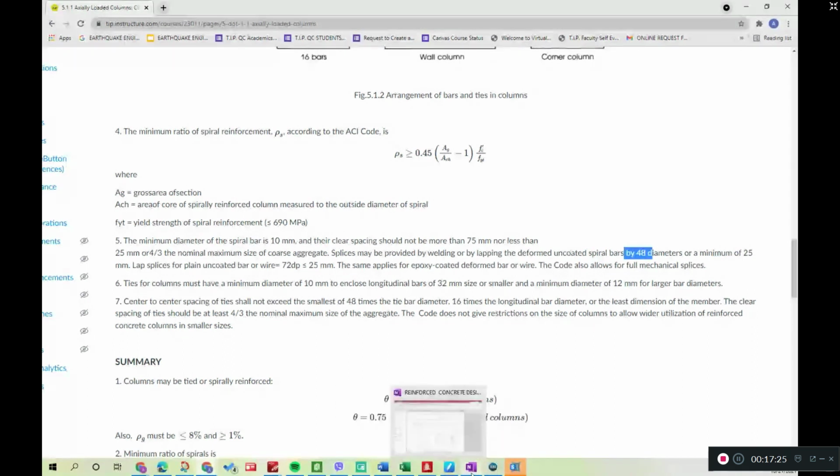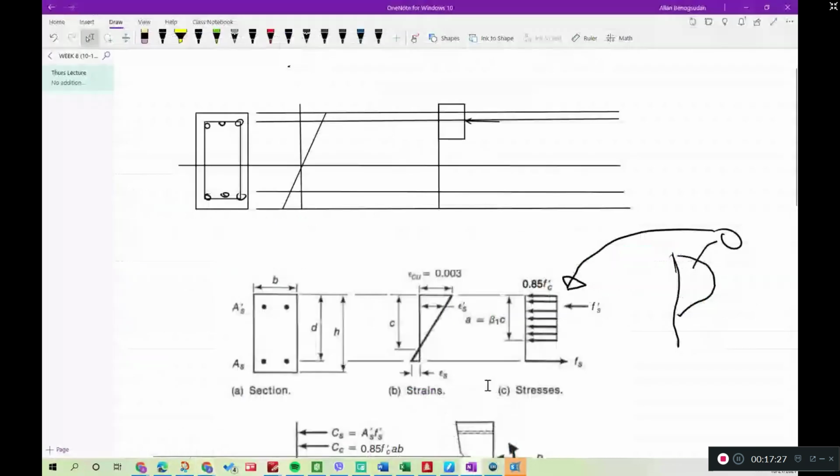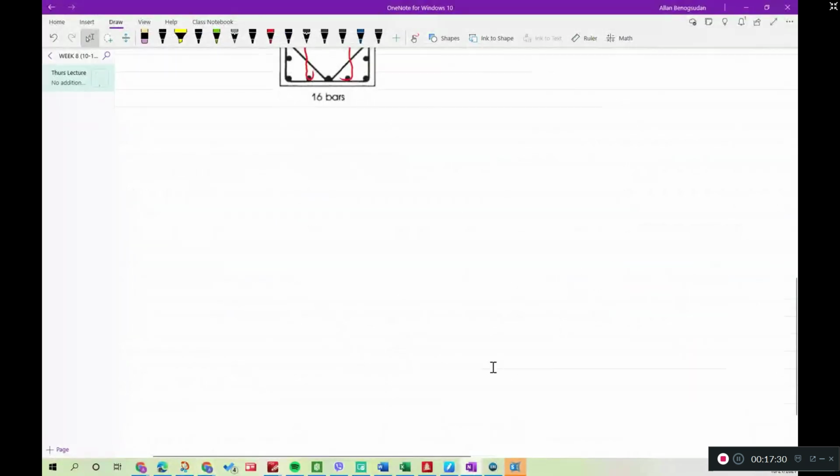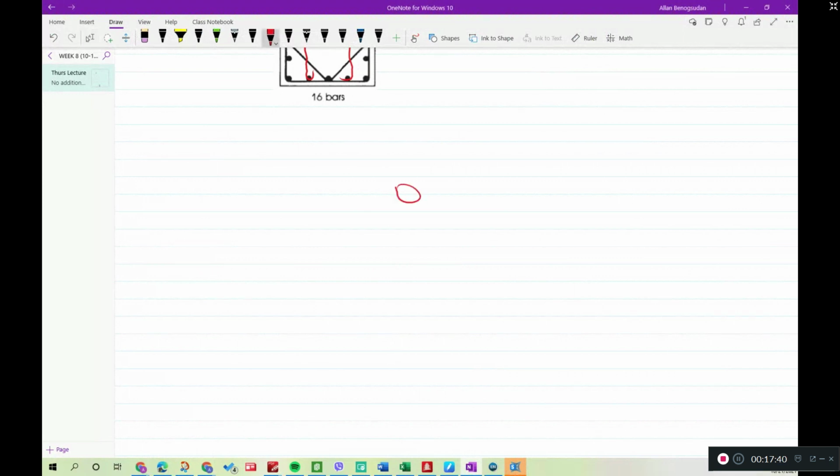Okay. Mechanical splices look like this. I'm looking for pictures, okay? But anyway, I can draw that. It's just like the coupler. So meaning this is threaded. Here also this is threaded.